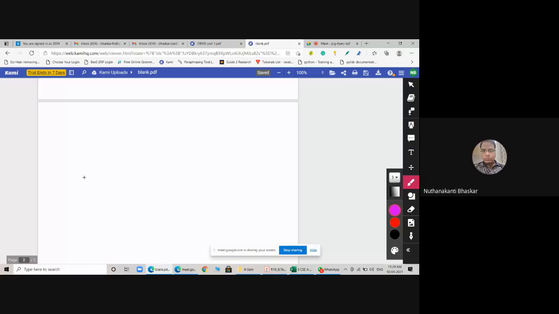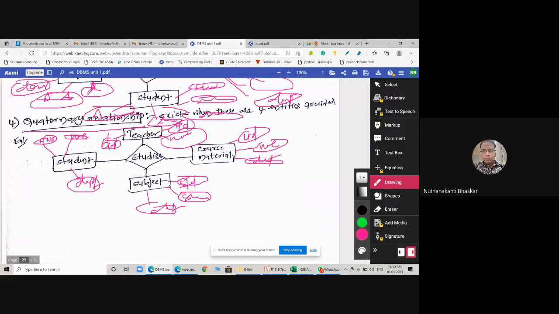In the ER model, the implementation is always from left to right and top to bottom. So when we use a relationship, it must be associated with four entities. So that is a quaternary.